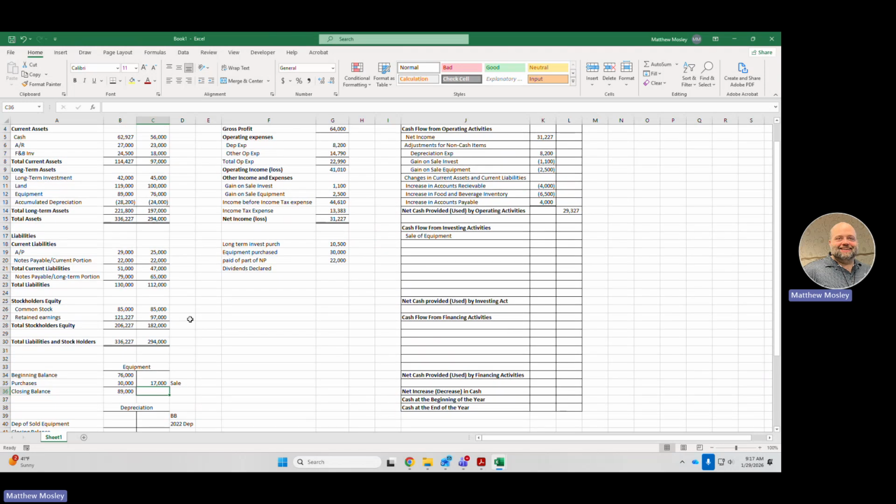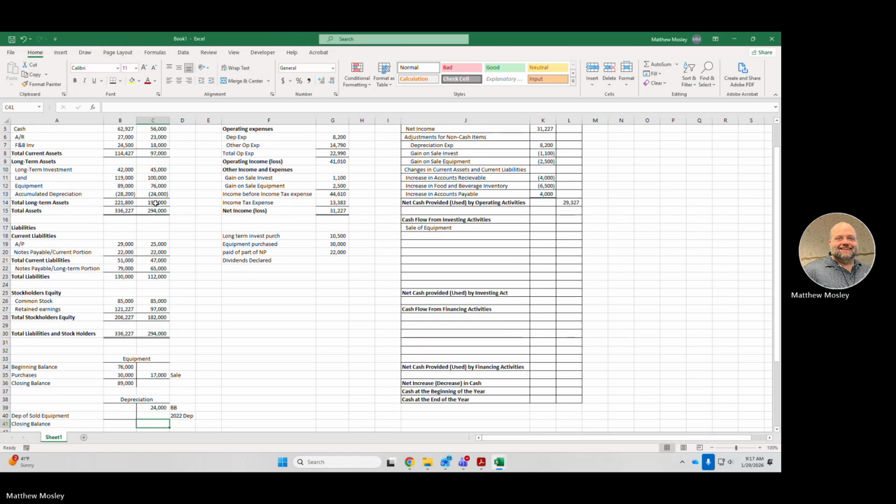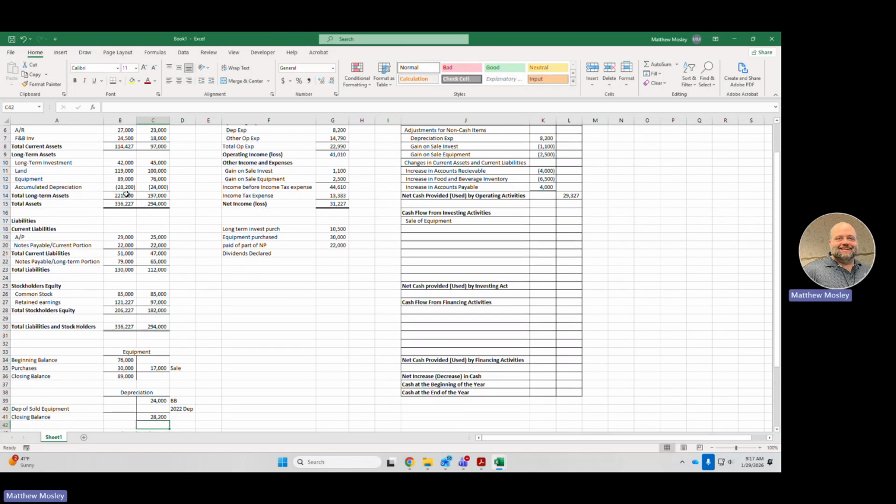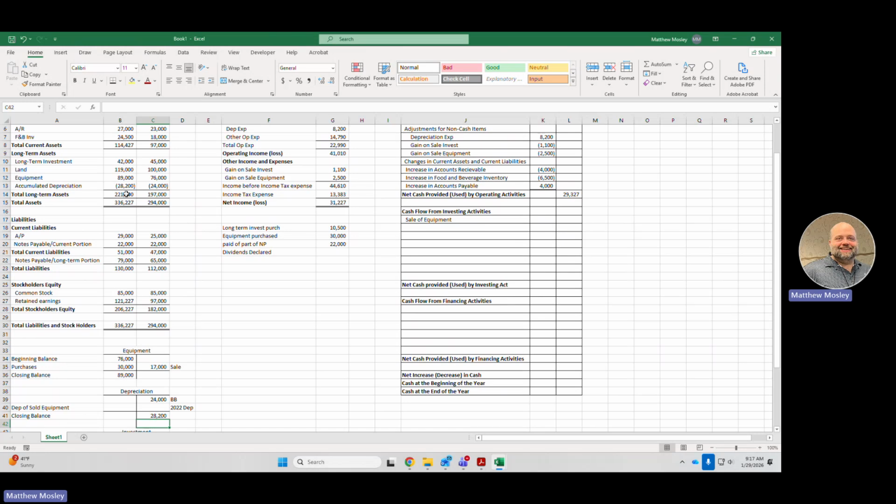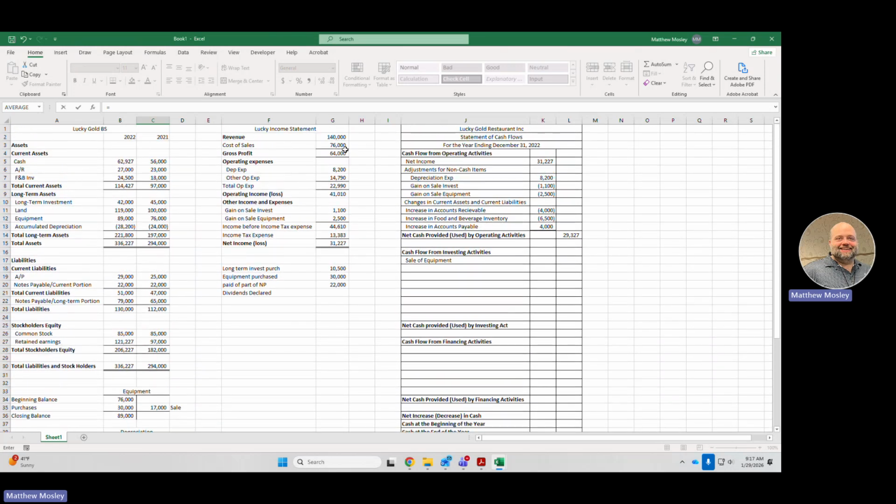So let's go down to depreciation, and we're going to start with our beginning balance. I'm going to reverse the negatives on these, because in the T account, they wouldn't show up as negative anyways. 2022, we had a depreciation of 8,200. That's in your income statement.